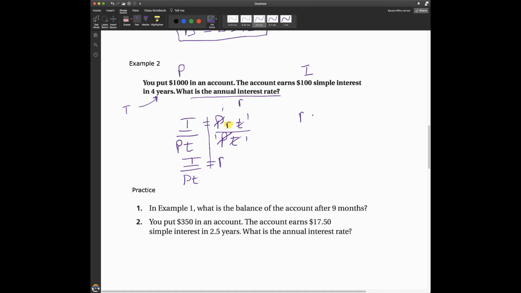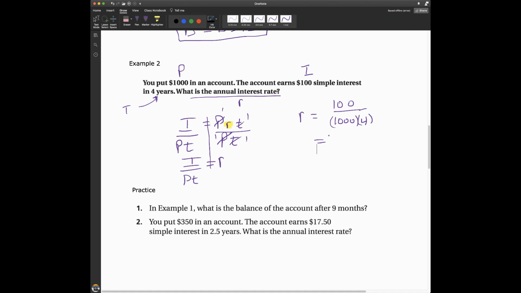So our interest rate for this problem will be the interest, which is $100, divided by the principal, which is $1,000, times the time, which is 4 years.